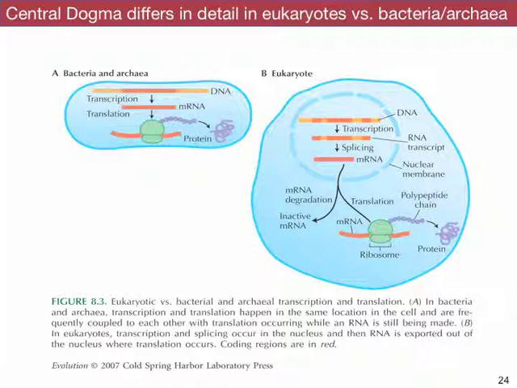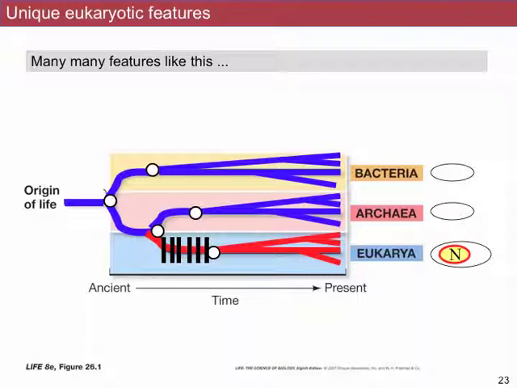There are just an incredible number of events that happened somewhere along this branch leading up to the common ancestor of eukaryotes. That is, in part, what explains a lot of the fundamental differences between eukaryotes and bacteria and archaea.